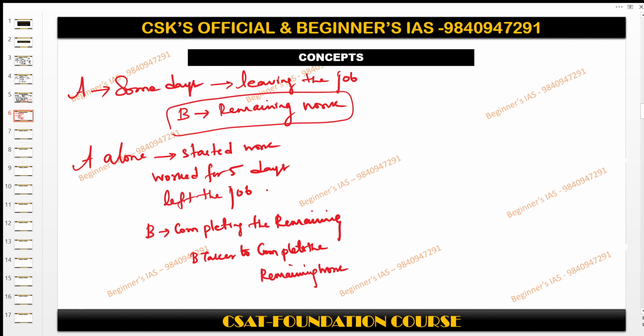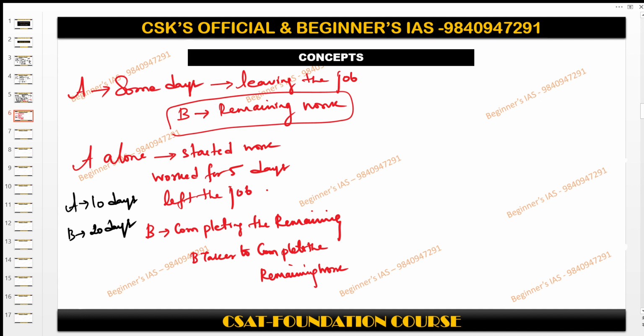You people try. Here I'll give you one more thing: A is having the capacity of completing the full work in 10 days. B is having the capacity of completing the work in 20 days. You people try quickly.